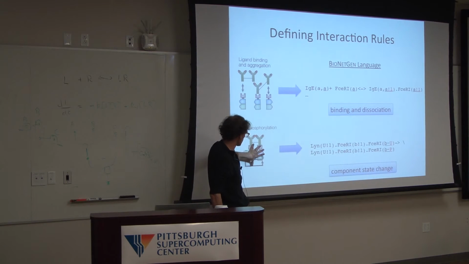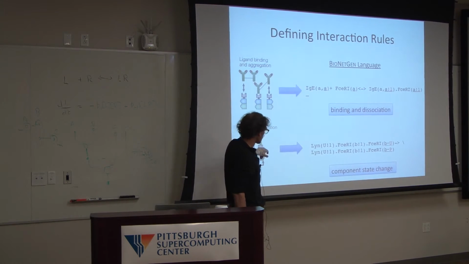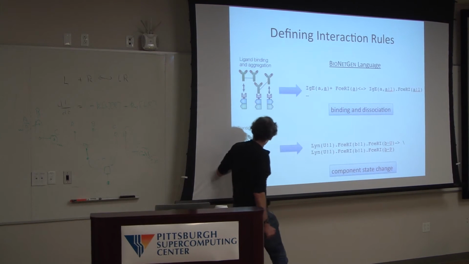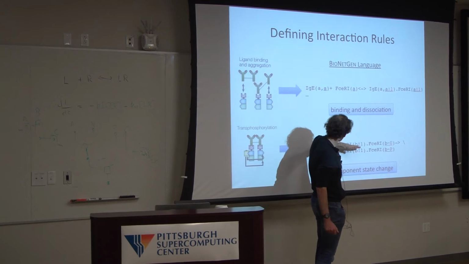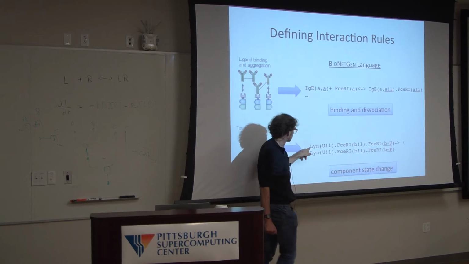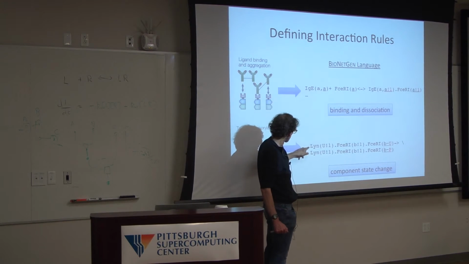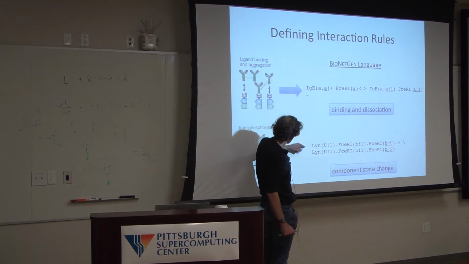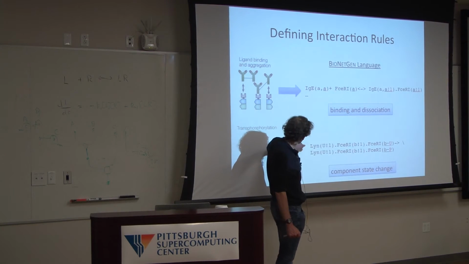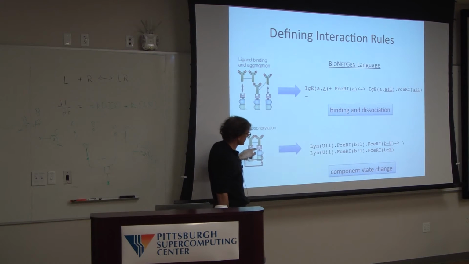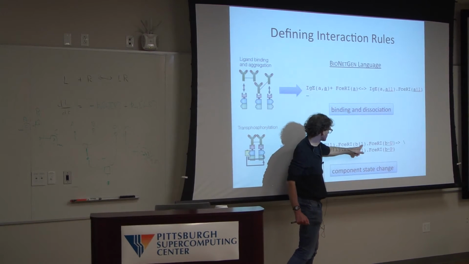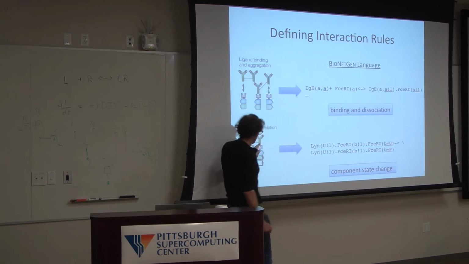So a more precise way to represent this rule, specific to the way I've represented it in this pictogram, would be to add an instance of the IgE molecule. We could do it, for example, by putting a dot here, and then say that you'd have an IgE where one of the A subunits was bound to the A subunit of the receptor, which I would have to now reference, and the other one is bound to the other one.